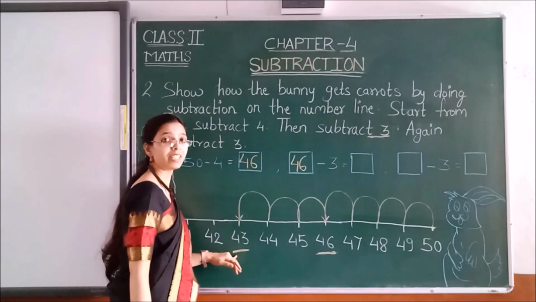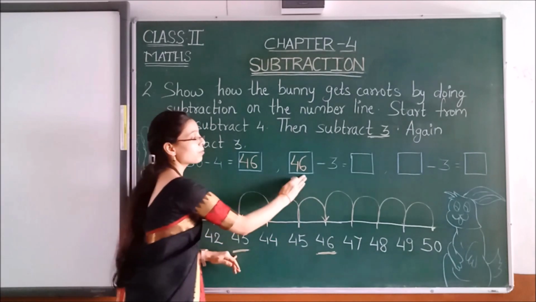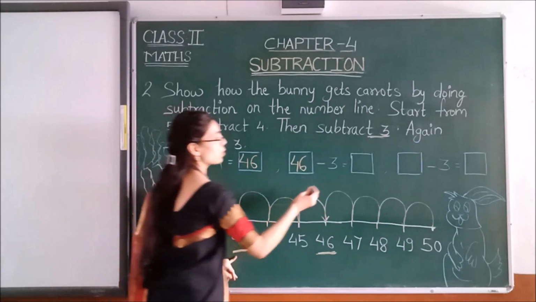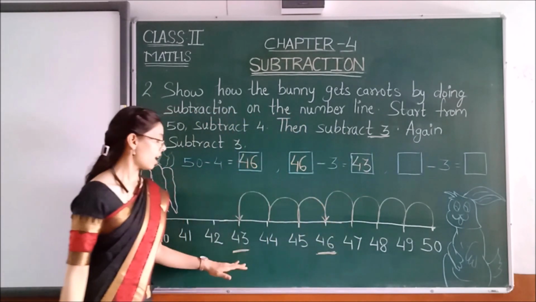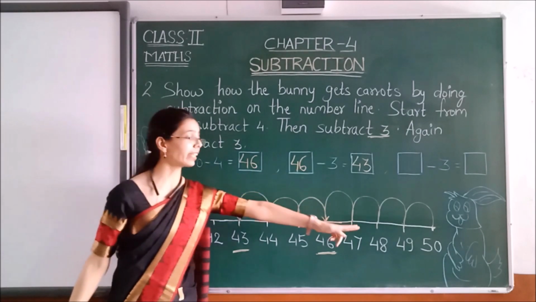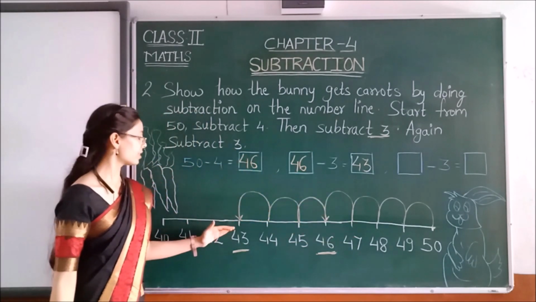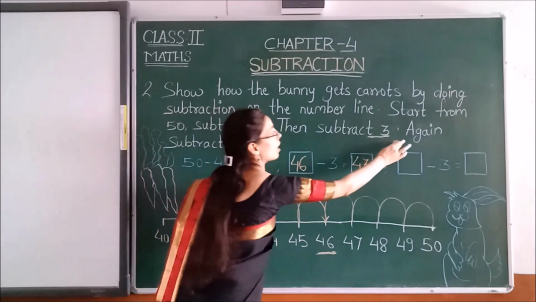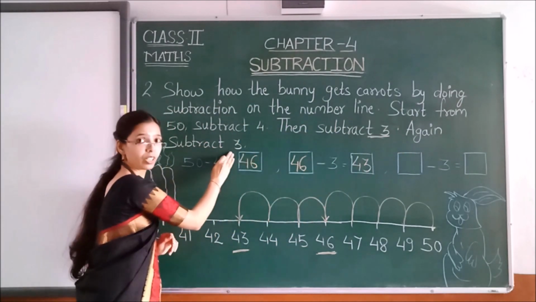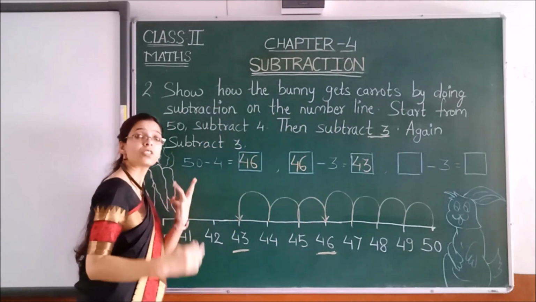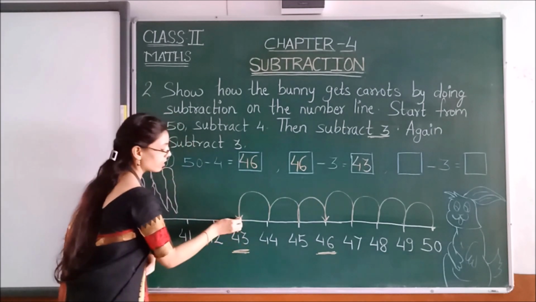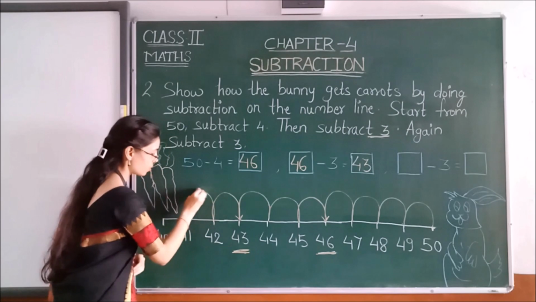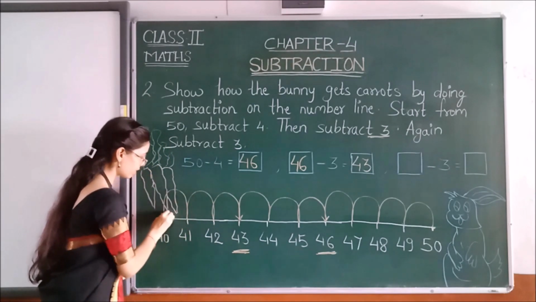On 43. 46 minus 3 is equal to 43. Now, again, how many steps will bunny take? Again subtract 3. Again he will take 3 steps backward from 43. 1, 2, 3.